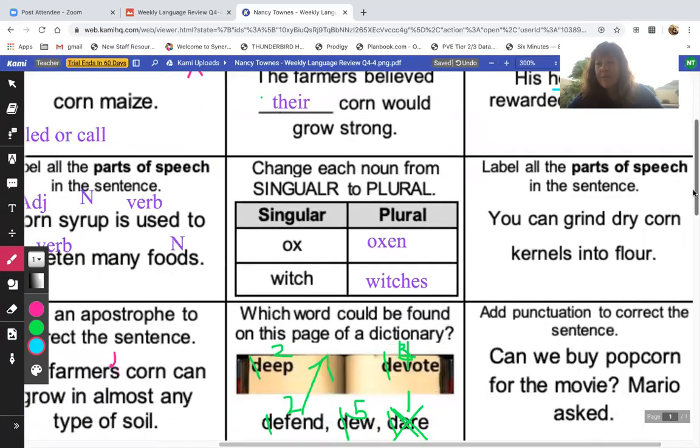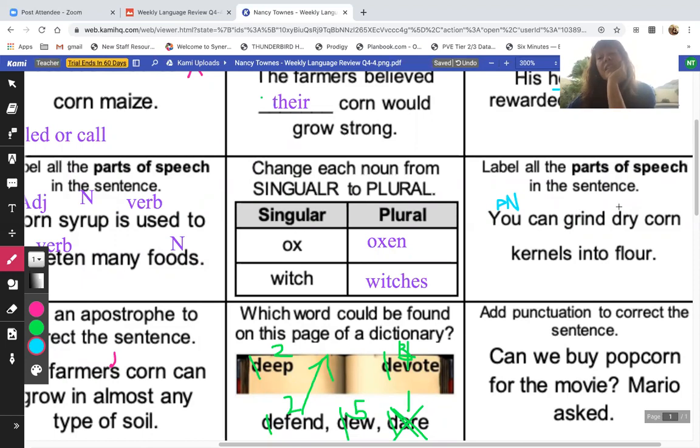Next one, label the parts of speech in a sentence. You can grind dry corn kernels into flour. And you guys know that I like to label the nouns first. So you is actually a pronoun. So we'll put P, N. You can, grind, no, those aren't nouns.